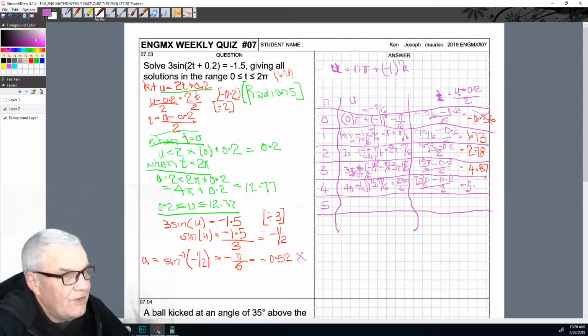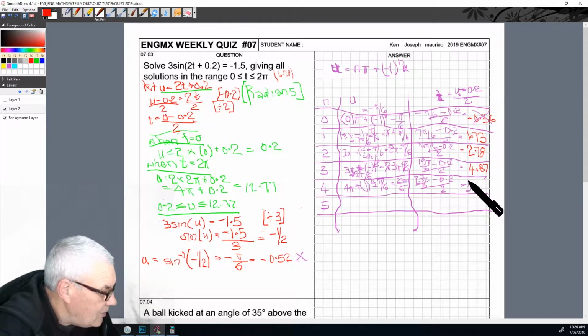Oh, we want that in red. This smooth draw program's free, by the way. 5.92. If you want to use it.